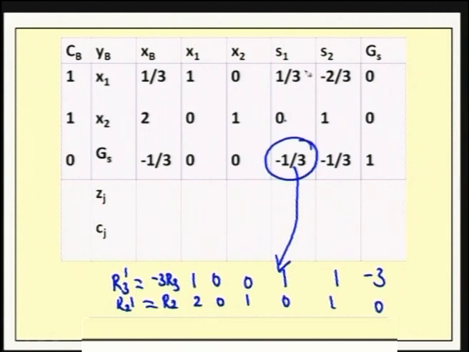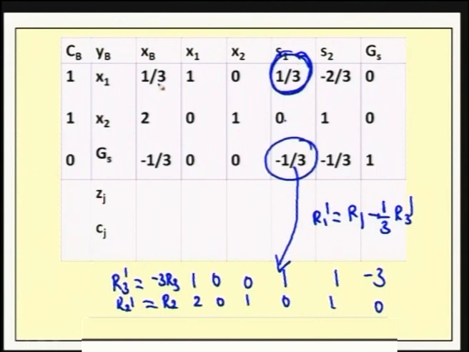Next, my aim is to convert this element 1 by 3 as 0. In order to do that, the row operation is R1 dash equals R1 minus 1 by 3 times R3 dash, and then this term will become 0.